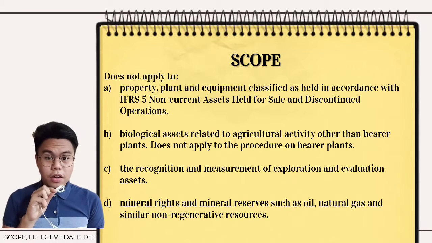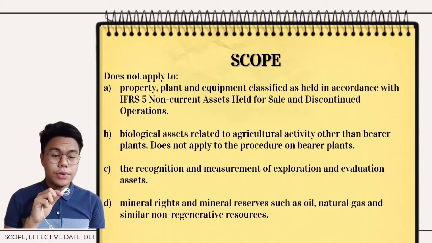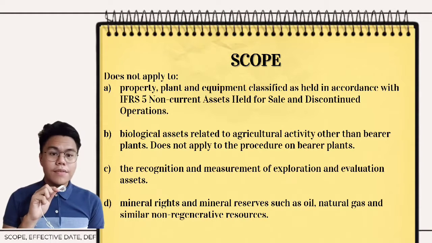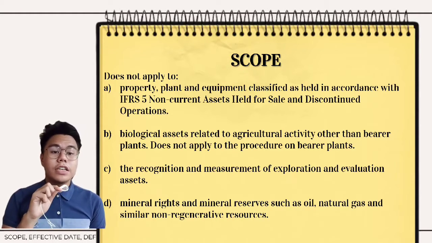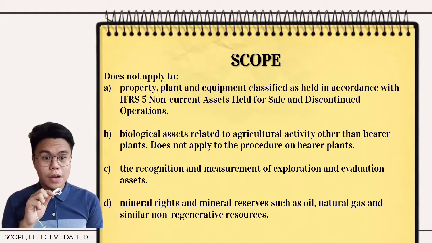Second, biological assets related to agricultural activity other than bearer plants, which means they do not apply to the procedure on bearer plants. Third, the recognition and measurement of exploration and evaluation assets are not included as well.